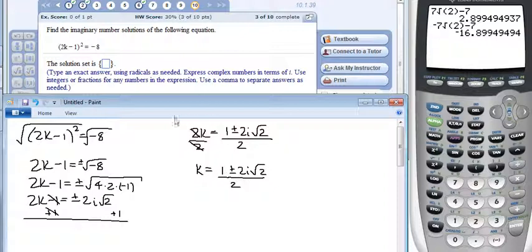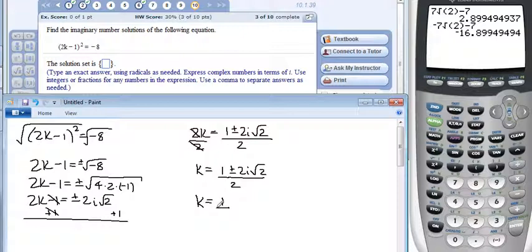Now, my solution better be in a plus bi form, which this is not quite yet. Okay, so remember that's how we have to abide by all of our radical rules, and we have to abide by all of our complex rules when we write our solutions.